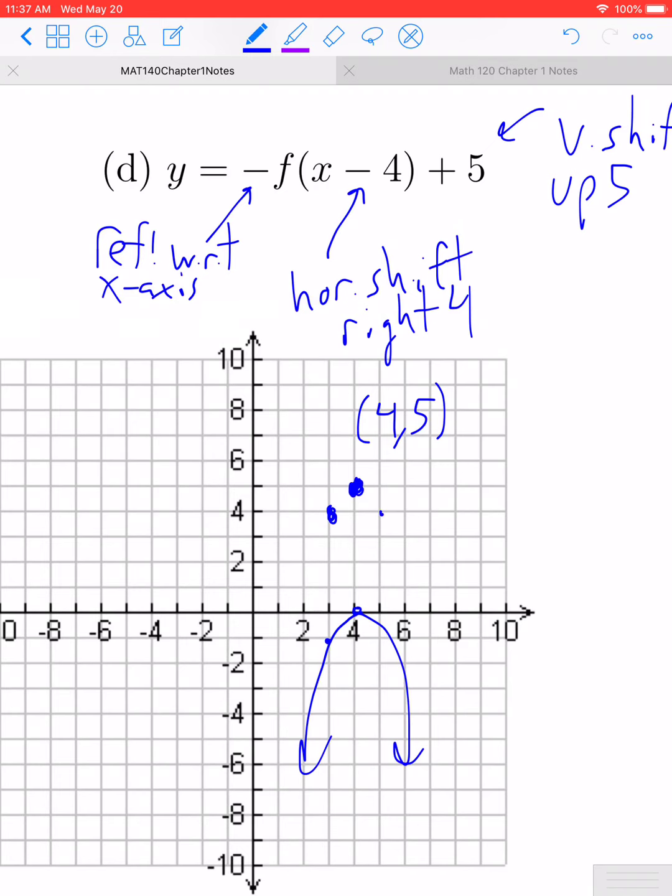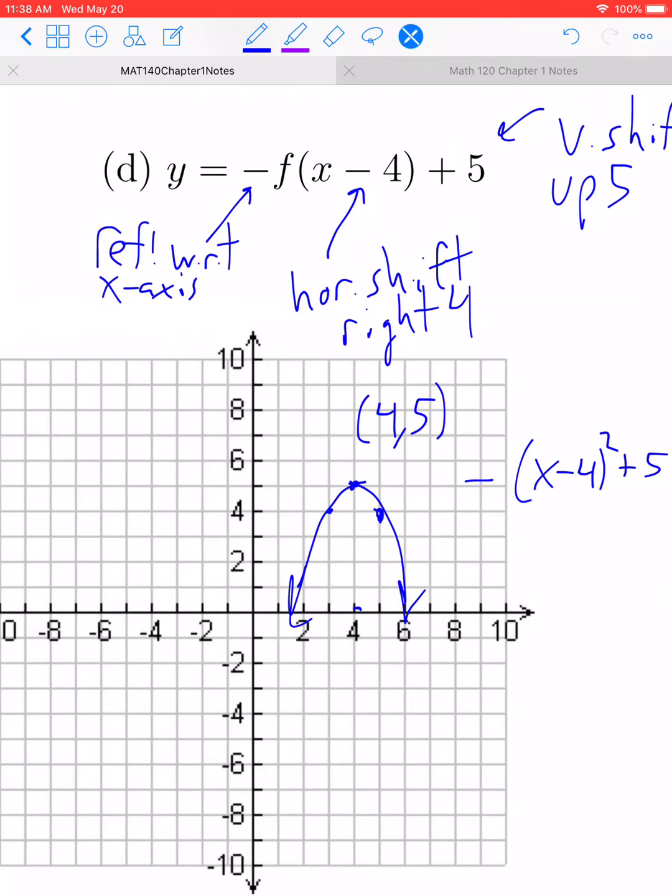Same thing too, due to symmetry, this point gets moved up, and if we put it all together, this is what our graph is going to look like. So there you have it. This is the transformation of x squared. This would be the graph of negative (x minus 4) squared plus 5, and it's obtained by a series of transformations.